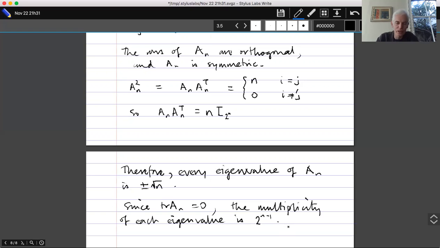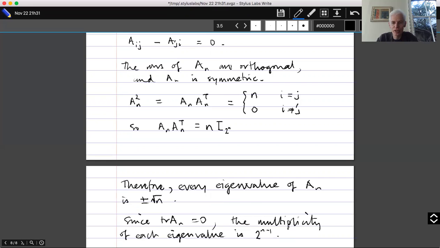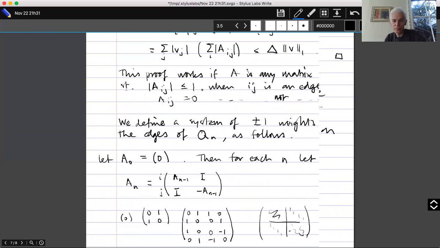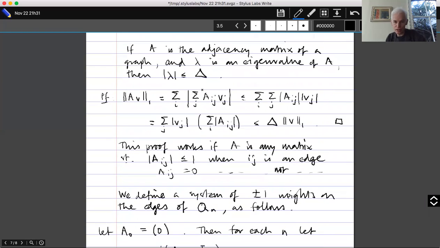I'm now feeling slightly remiss that I haven't talked about why I'm bothering to think about eigenvalues of AN. And the answer is that AN is going to turn out to be a set of weights on the adjacency matrix of the cube of dimension n. And if you remember, we showed that any eigenvalue is at most the maximum degree.